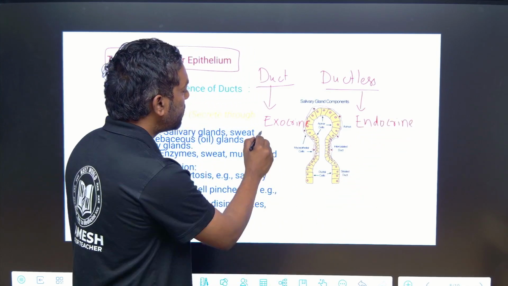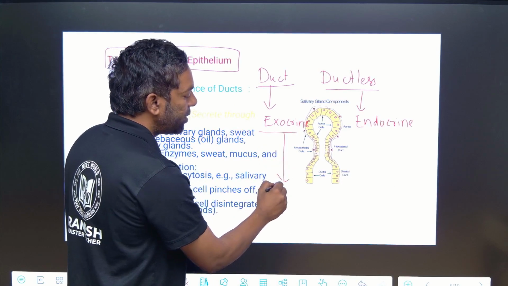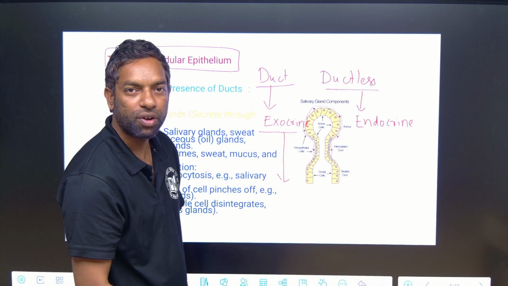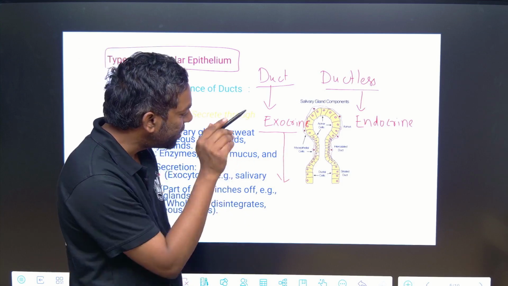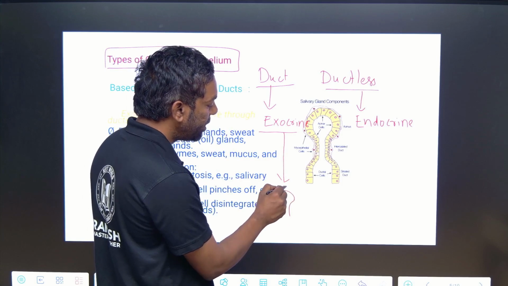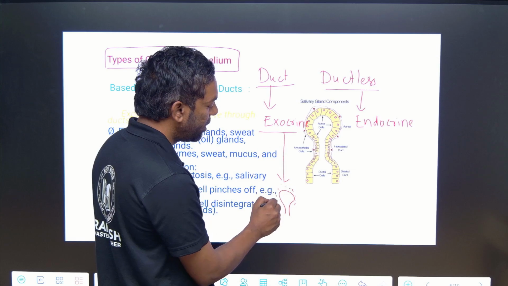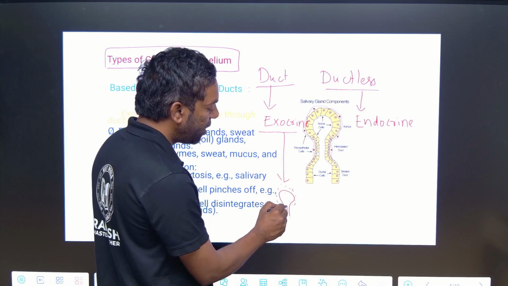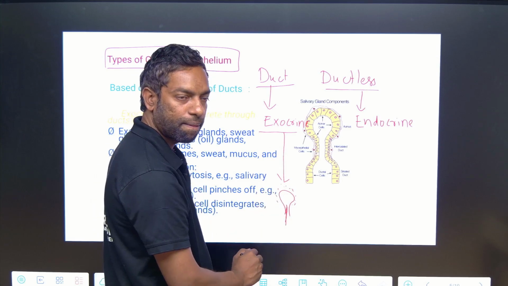Ducts mean they can secrete mucus or an enzyme from their cell surface into the ducts.